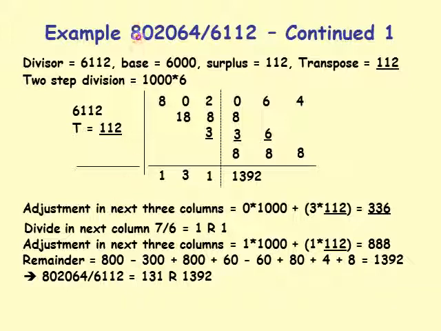So when I divide 802064 by 6112, I get 131, remainder 1392.